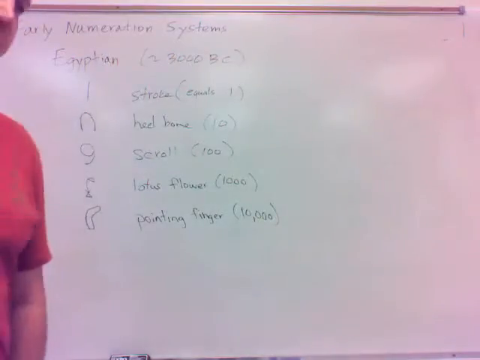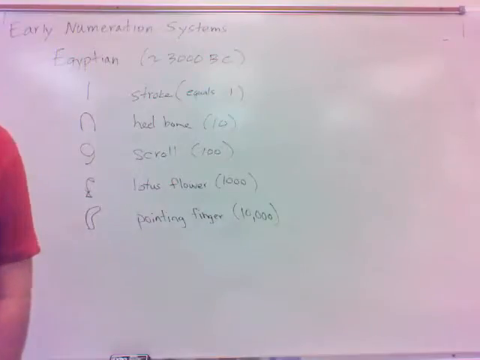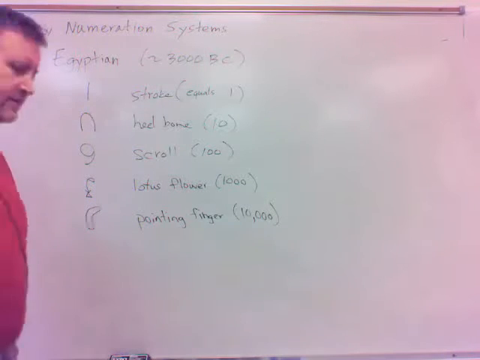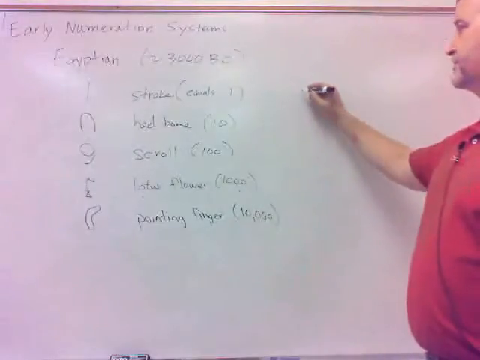Yeah, there's like a whale and I think they call it an astonished person, but I'm not even going to try to draw those. But they did have some others. I think this will get us by with what we'll do. So anyway, these were their symbols, or some of their symbols.